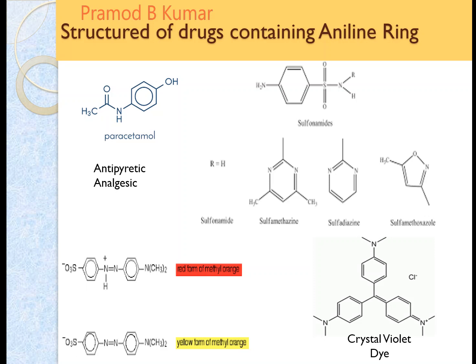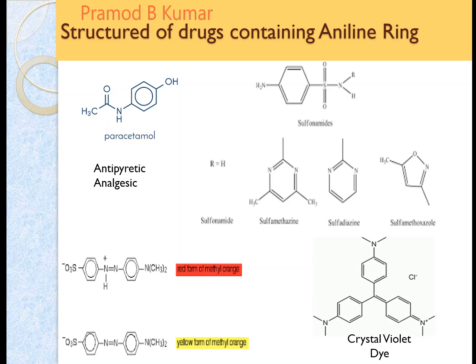When it is in acidic medium, it will be red in color, and when it is in basic medium, it will be yellow in color. So depending upon the condition, this compound can be used as an indicator in your titration.